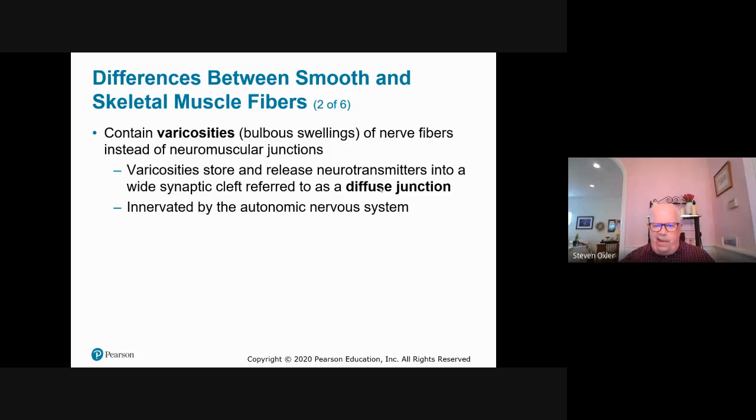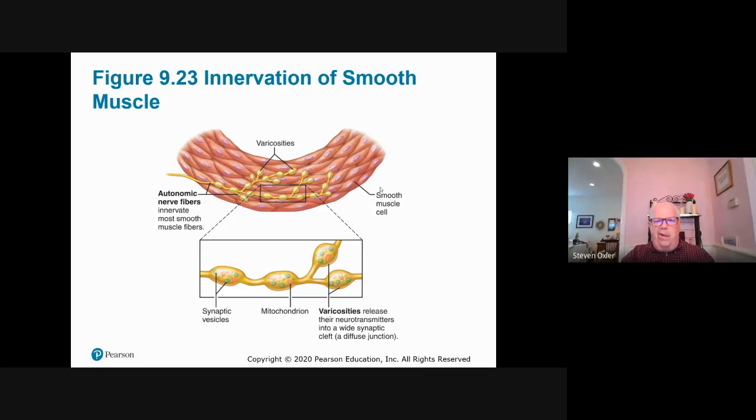So it is innervated by the autonomic nervous system. Here you can see the varicosities. And inside the varicosities are the neurotransmitters.